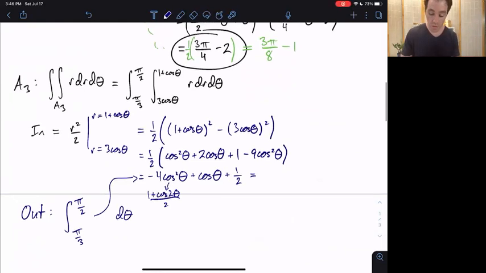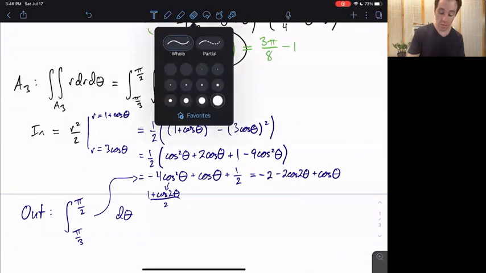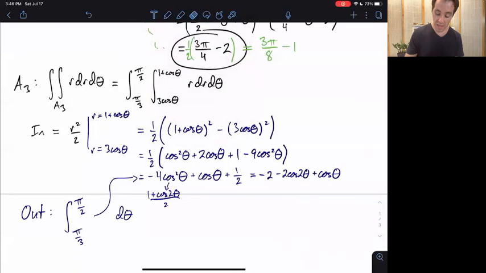-4 times that will be -2, as in -4 times 1/2. And then plus the cosine 2 theta over 2 part, -4 times that will be -2 cosine 2 theta. And then plus cosine theta plus 1/2. Well, that will turn the -2 into -3/2. So I'll just make that change right here. -3/2.